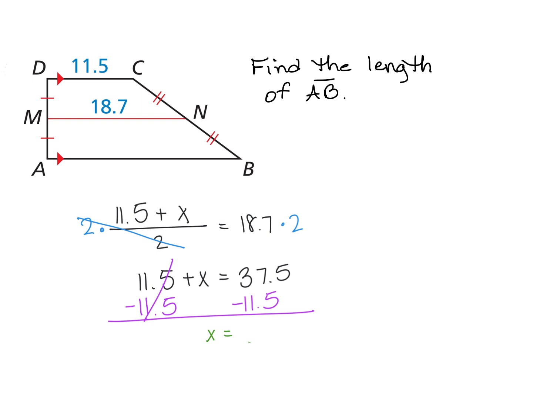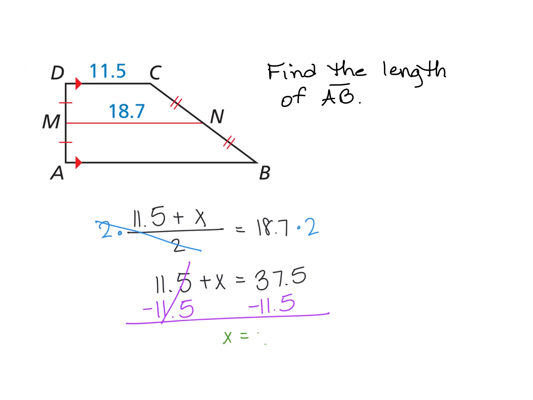Did I still get the right answer? I probably just wrote it wrong. It is 25.9 because you wrote 37.5. Okay, 37.4. Oh my goodness. All right, so it's still 25.9.